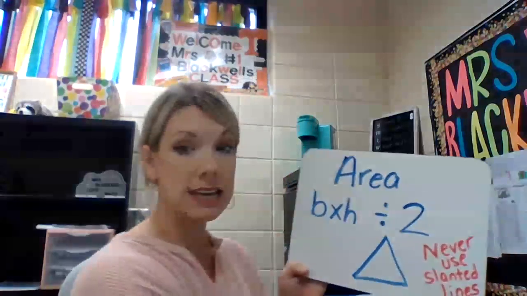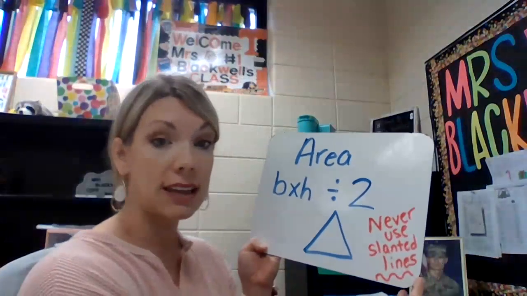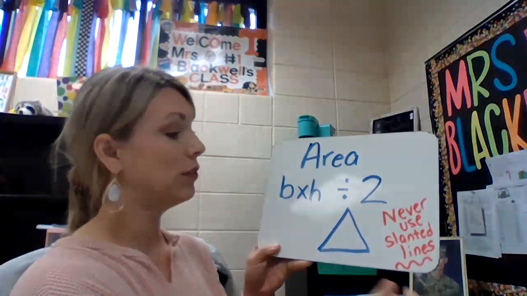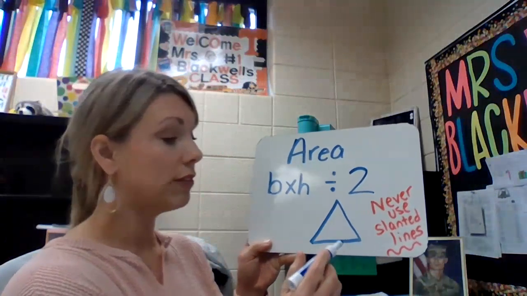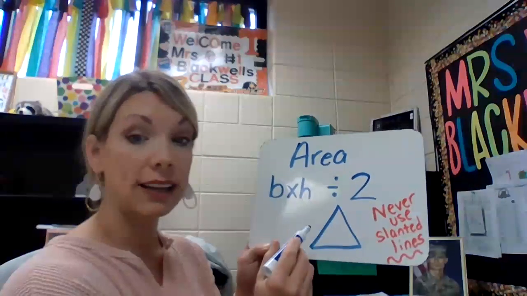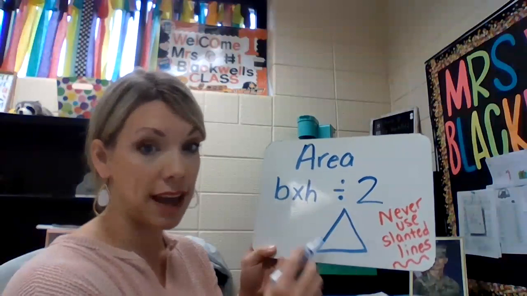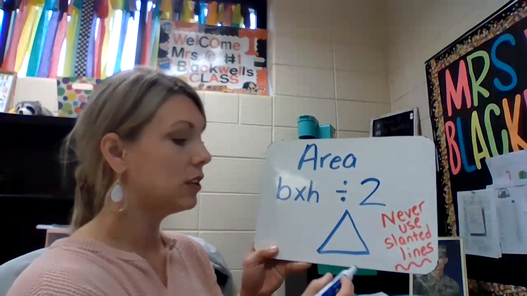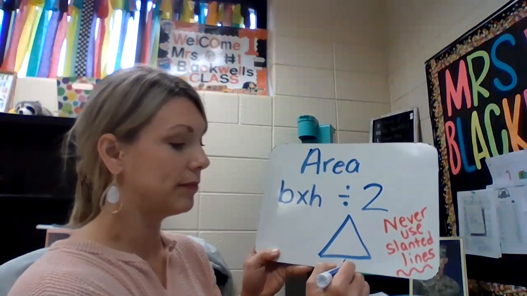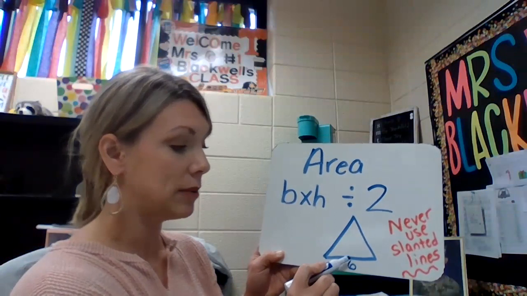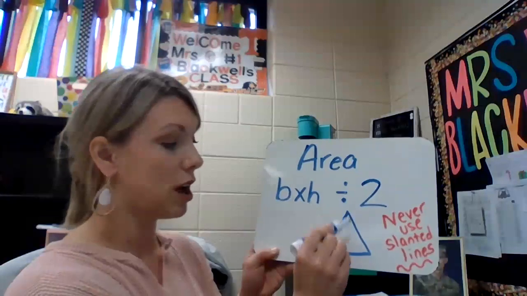The rule for triangles is that your area is base times height and divided by 2. So if you've got a triangle here, you've got to find your base and your height, and then you've got to divide that by 2 for triangles. So let's pretend like our base is 6, and our height is going to be from the very bottom to the top.